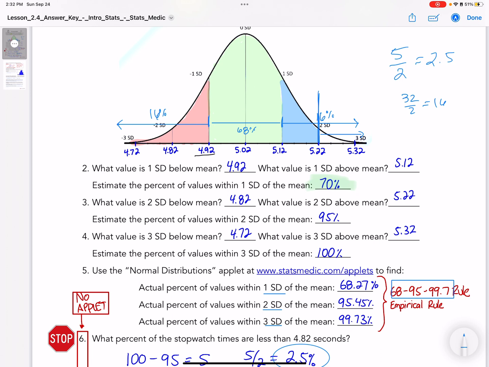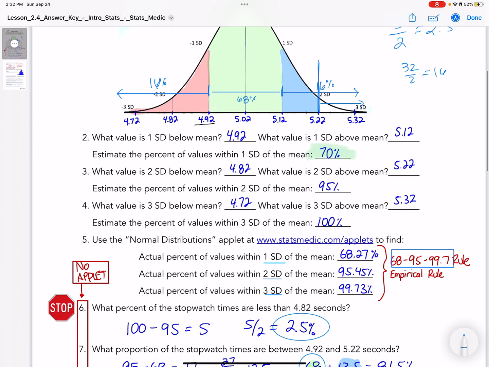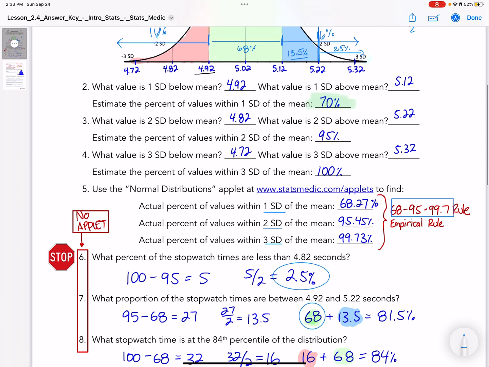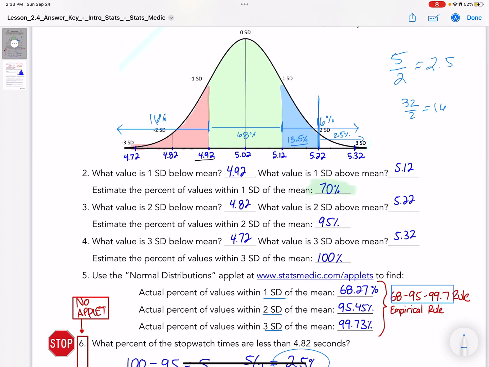And remember, we just found out what that was, right? We just did that one in the last one. That was 2.5% right there. So this little part is just 16 minus 2.5, which is 13.5%. And that's where that blue area comes from. Because I just took the 16% that we found out because it was the outside of the 68, and then remember the 2.5% is on the outside of the 95.